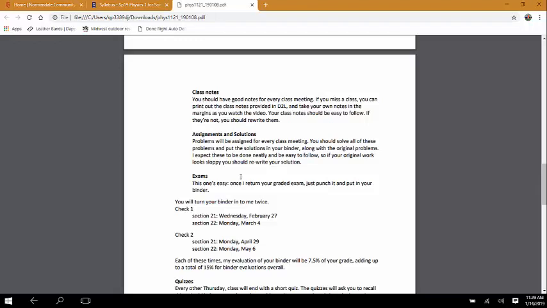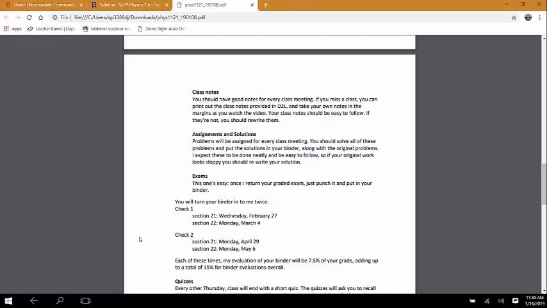There will be 2 times in the semester that you turn in your binders, and it's going to be different dates for the 2 lab sections. Well, it's listed there. Check one is February 27th for one lab section, March 4th for the second lab section.